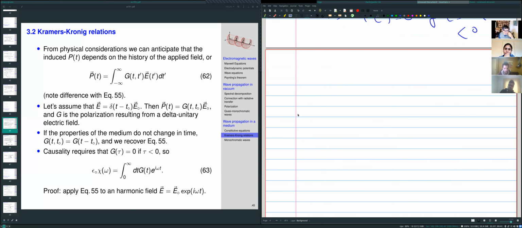Now we have this property that the susceptibility can be written in terms of this kernel.